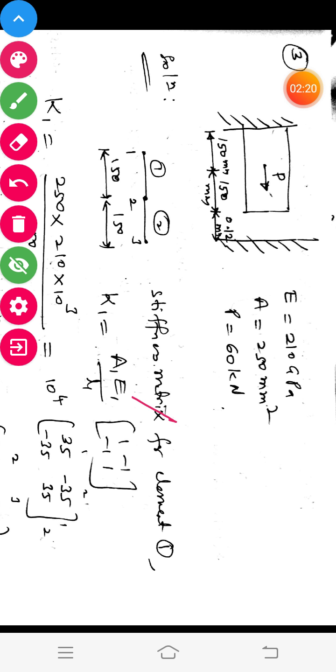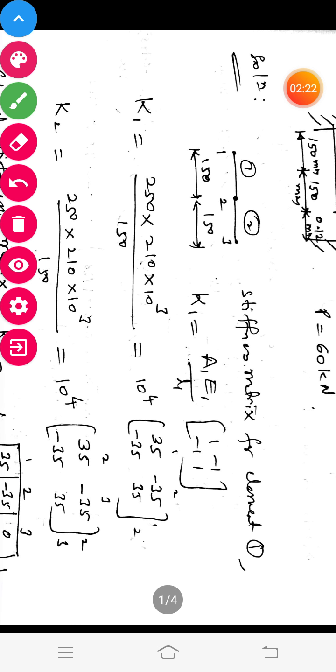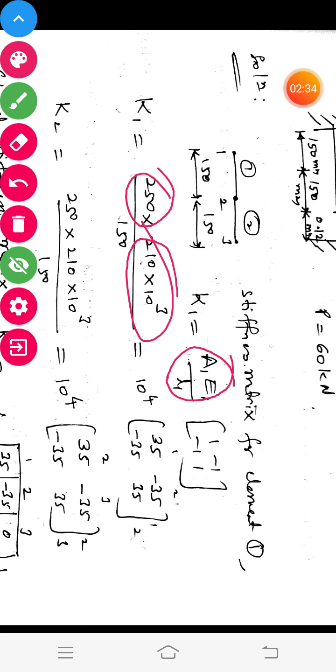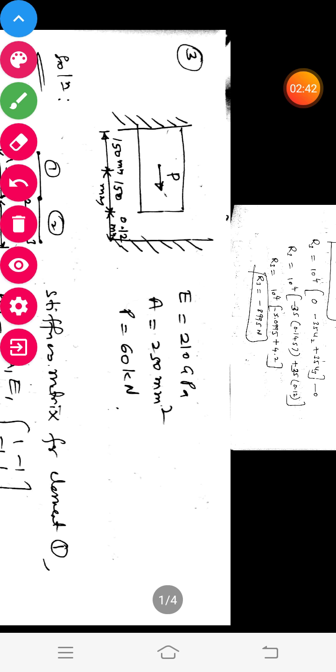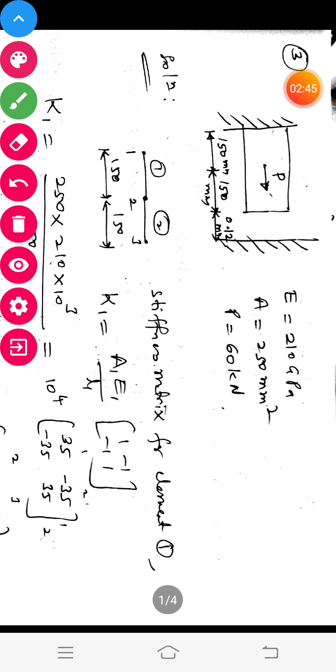Substituting the values of area, Young's modulus and length of the element: area given is 250 mm square, Young's modulus is 210 GPa, that is 210 into 10 raised to 3 megapascal, and the length of the element is 150 mm.